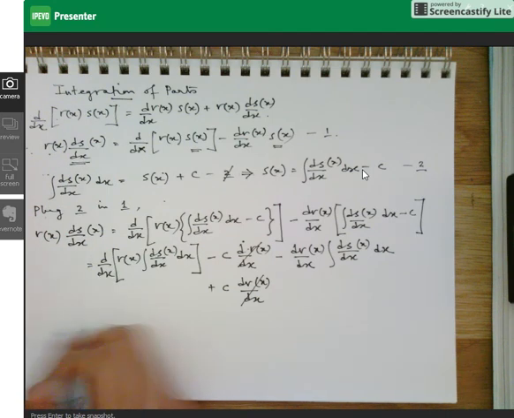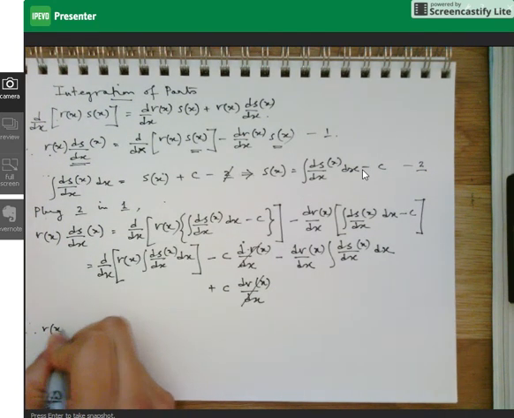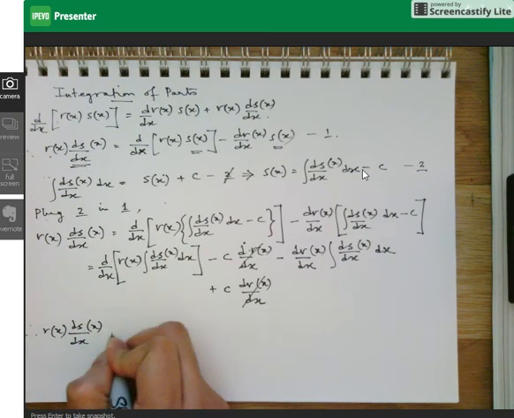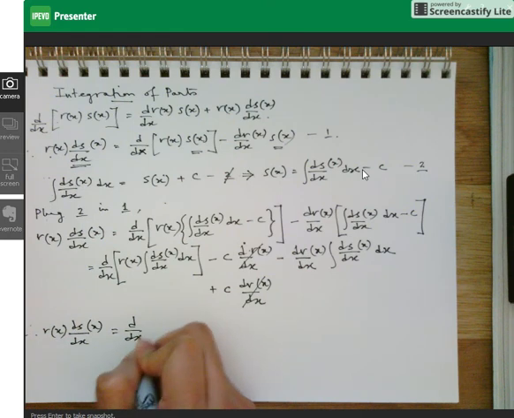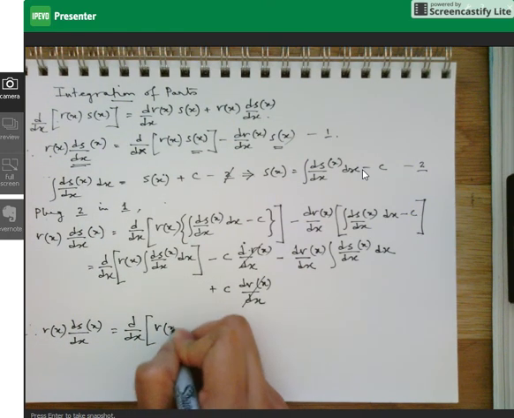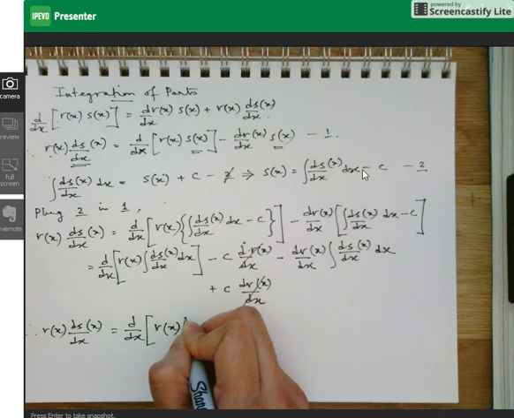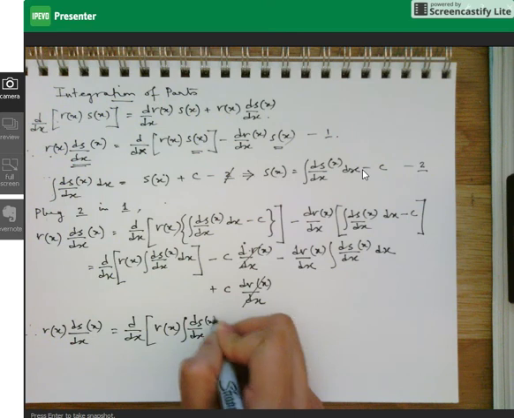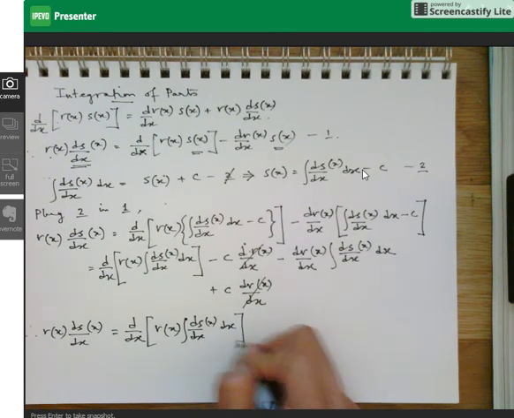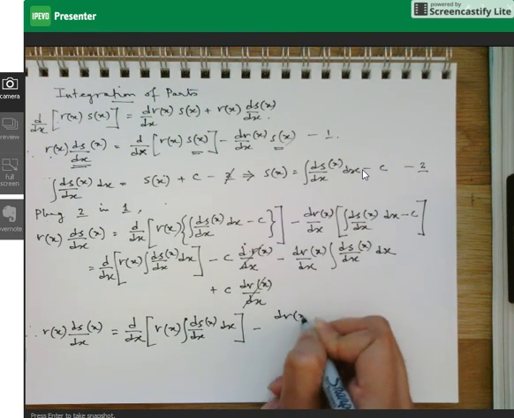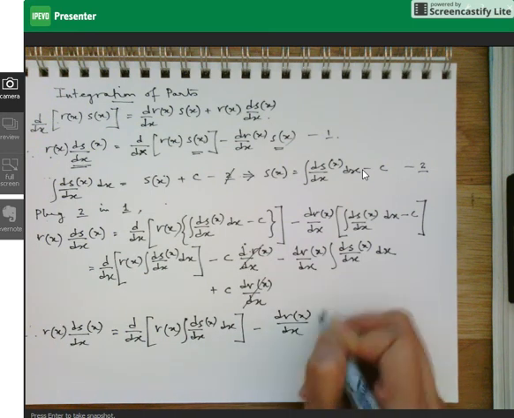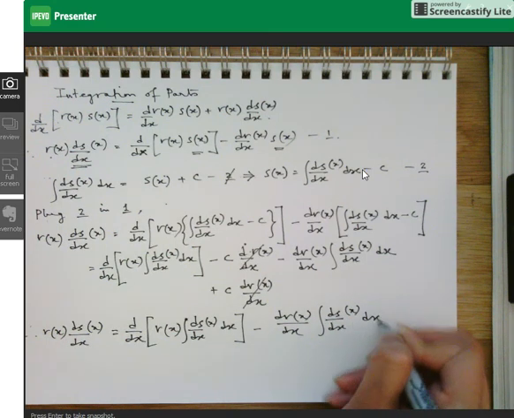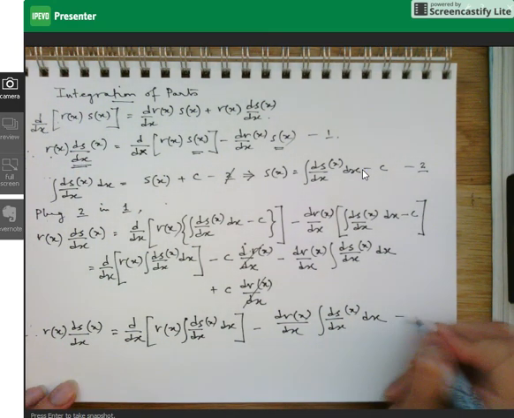So therefore r of x times ds/dx becomes d/dx of r of x times the integration of ds/dx with respect to x, minus dr/dx times the integration of ds/dx with respect to x. Okay, now we call this equation 3.